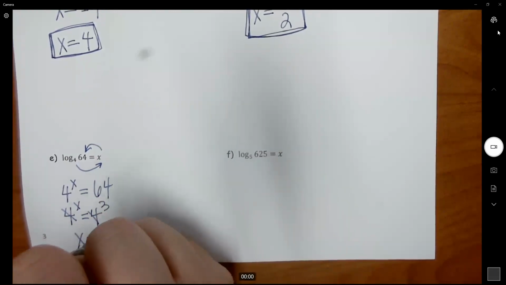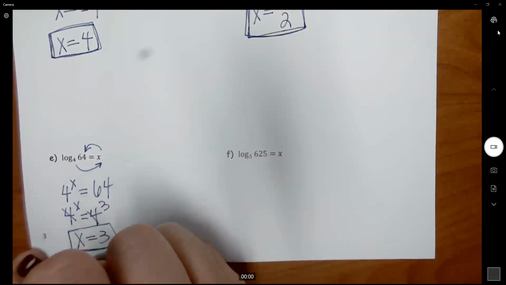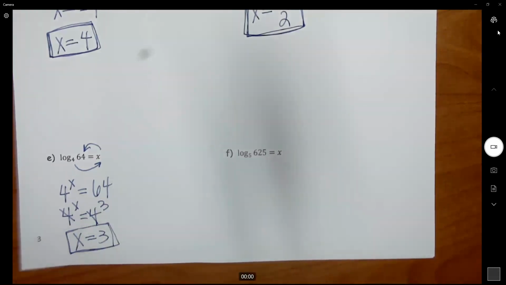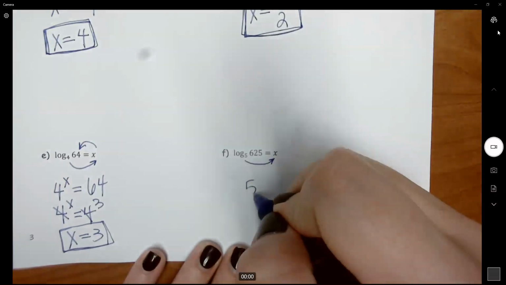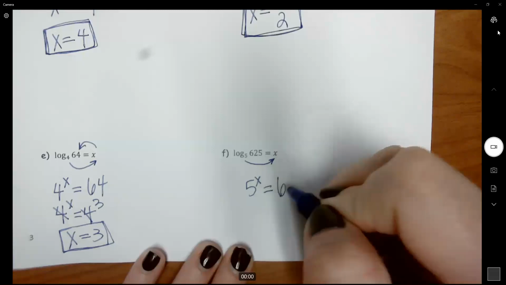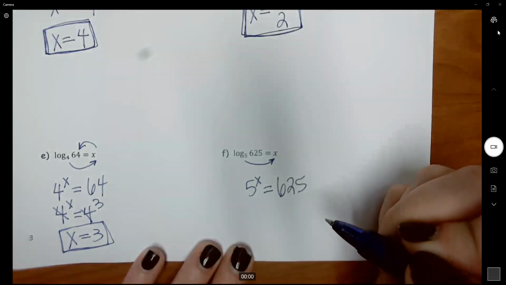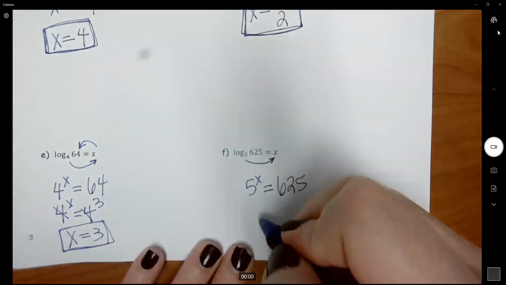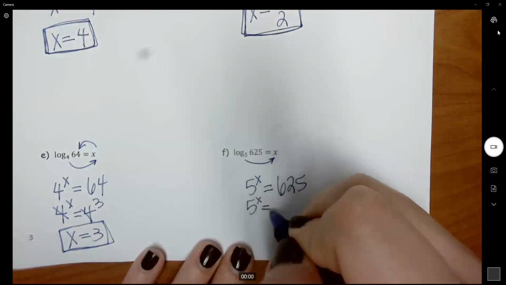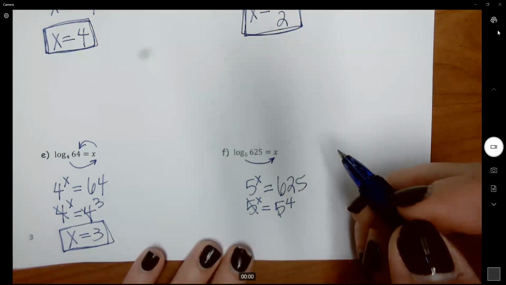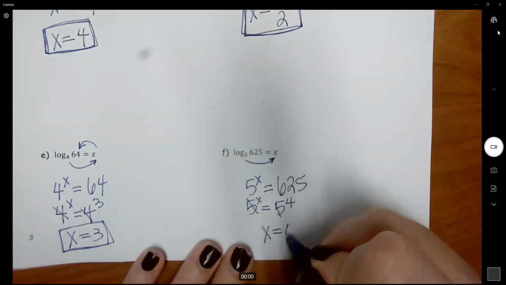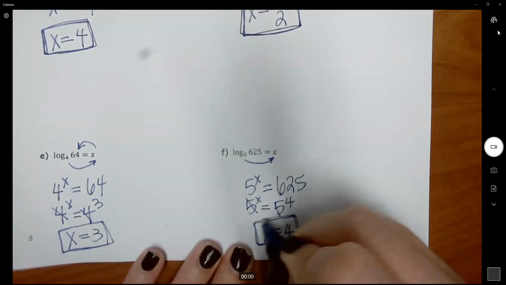Those cancel, and so therefore x is 3. Base to equals, 5 to the x power equals 625. I can rewrite 625 with a base of 5 as 5 to the 4th. So my base of 5's cancel, and we get x equals 4.